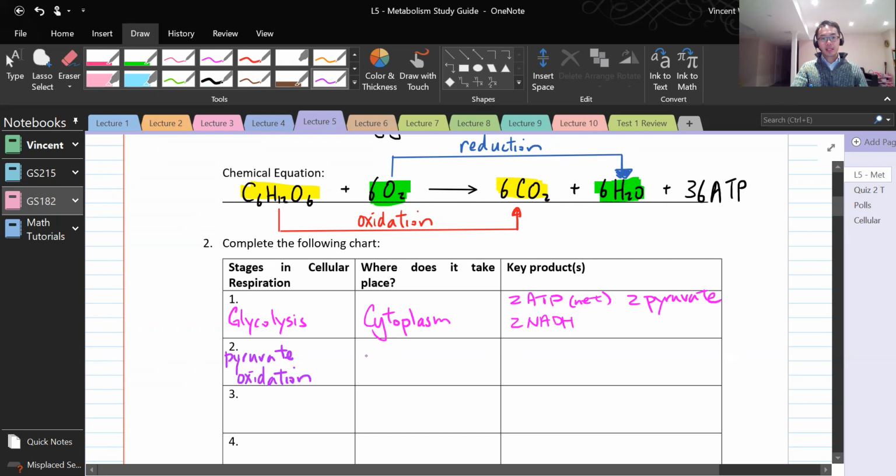This takes place in the matrix. And we will get 2 NADH, 2 carbon dioxide, and 2 acetyl CoA.